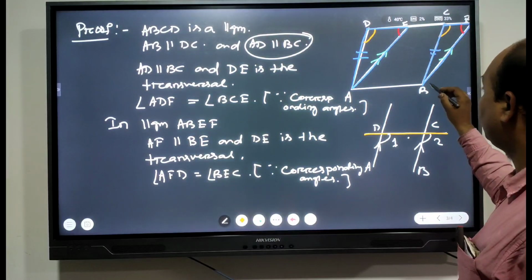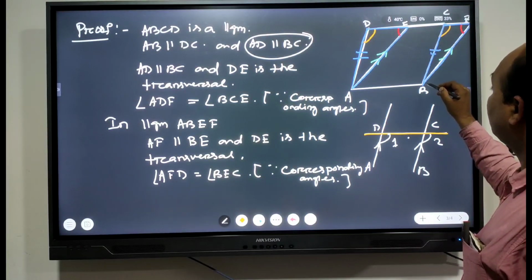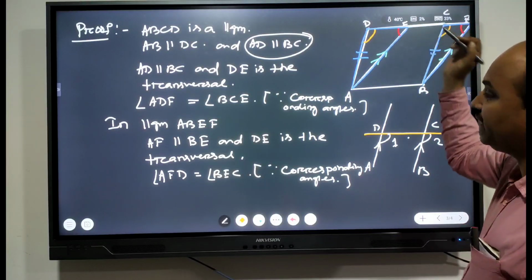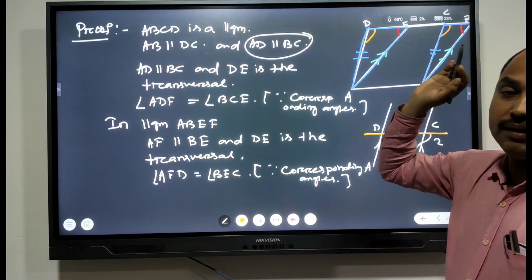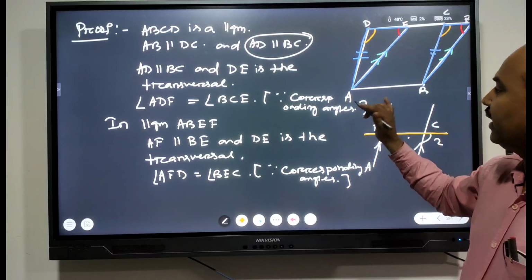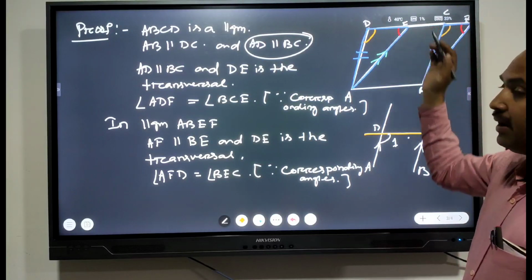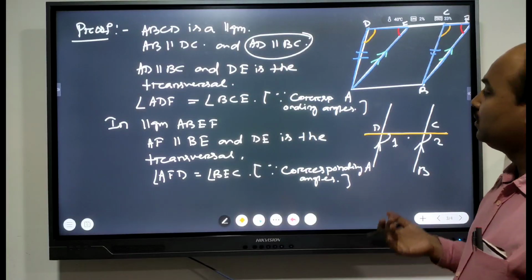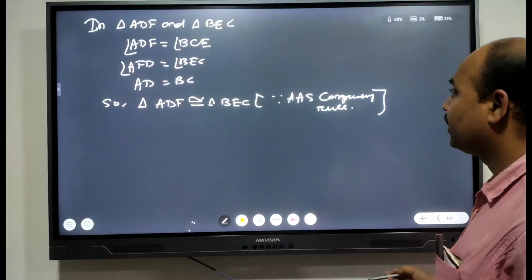Like that, when we add triangle BEC plus quadrilateral ABCF, we will get the ABEF parallelogram. Okay? So what will we do next?